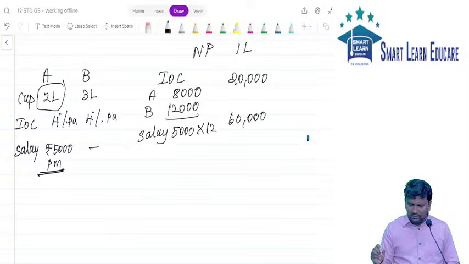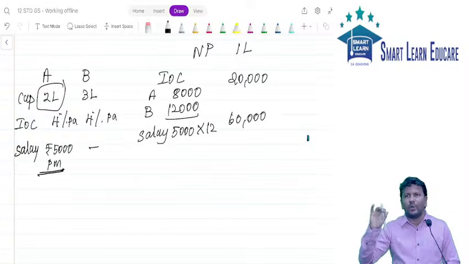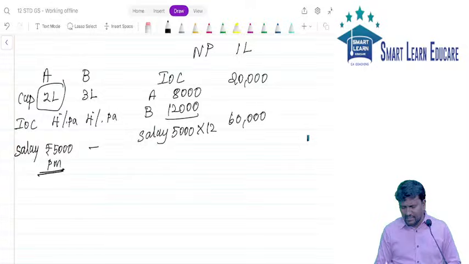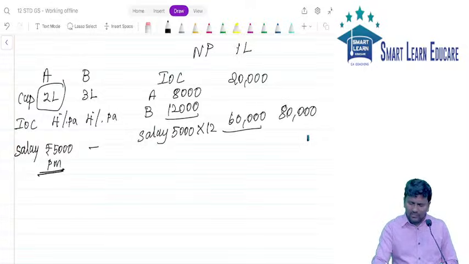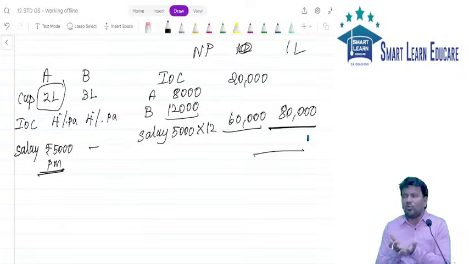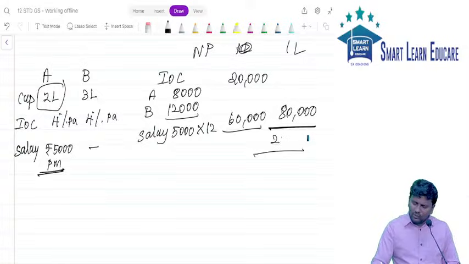Then total interest on capital we paid 20, salary we paid 60. How much amount totally we paid? 80,000 we paid. It means out of 1 lakh profit, 80,000 we paid. What is the balance amount we have? The balance amount is 20,000. This 20,000 is called divisible profit.